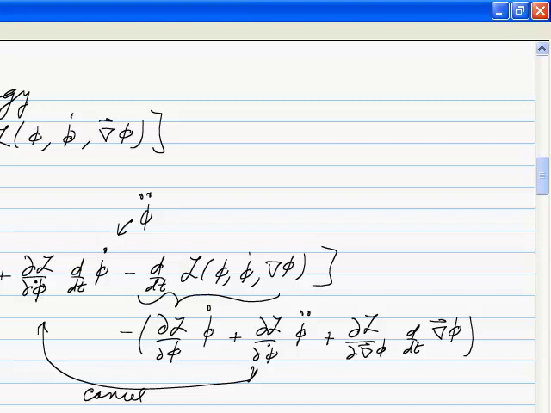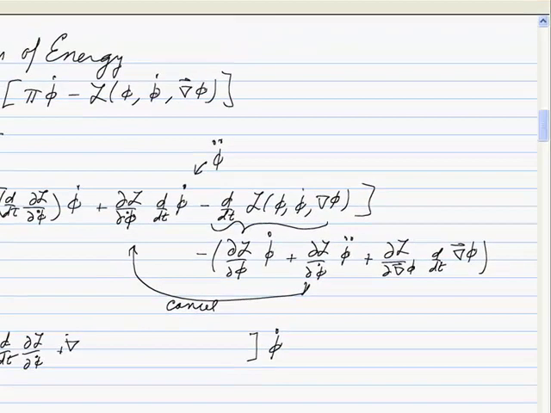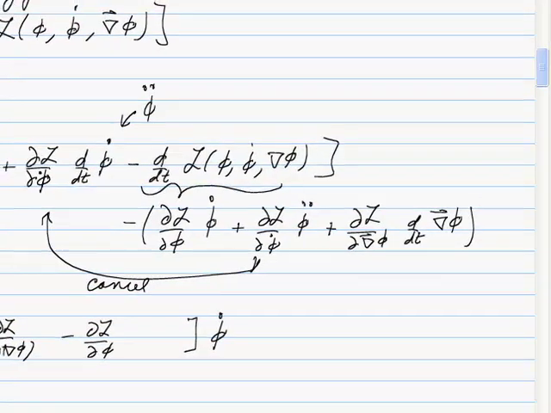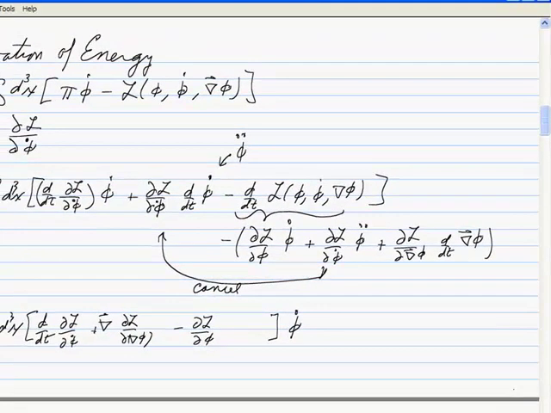So it becomes plus del dL d del phi. And then the last piece is unchanged. It's minus dL d phi. Okay, so that was that.